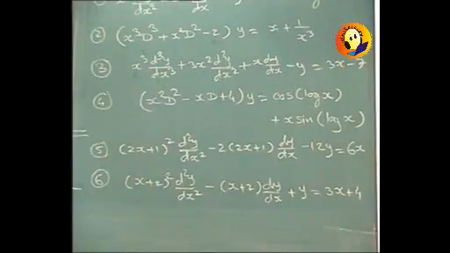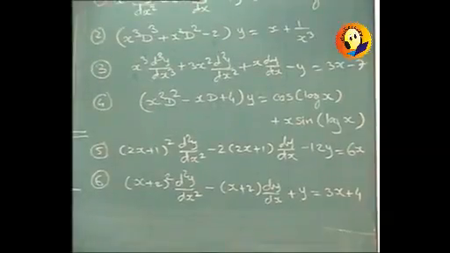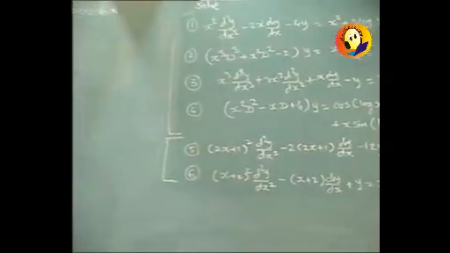So problem number 5, it was 2x plus 1 bracket square d2y by dx square minus 2 into 2x plus 1 dy by dx minus 12y equal to 6x. The very first substitution will be let 2x plus 1 is equal to u.